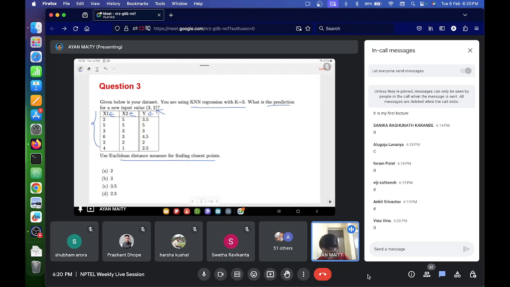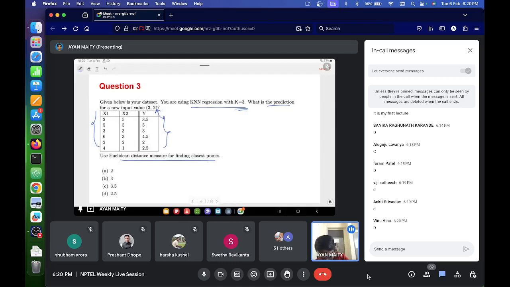So to solve this problem, first, for this new point, you have to find out the three closest points. So KNN with k equals 3 we have to implement. Basically for this new point 3 comma 2, you have to find out the three closest points from this data set. So you have to use the Euclidean distance.